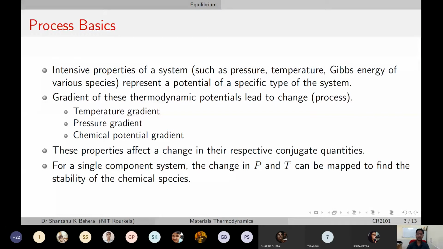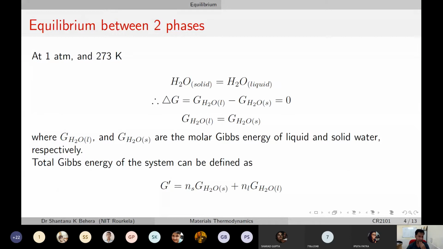Anyway, before we get to that, we need to understand the basics again as to how we can construct some of these diagrams. You can have these diagrams mapped when you individually figure out the equilibriums between two contiguous phases.